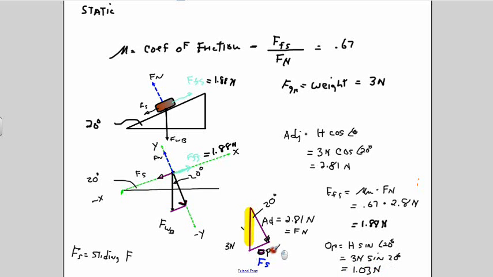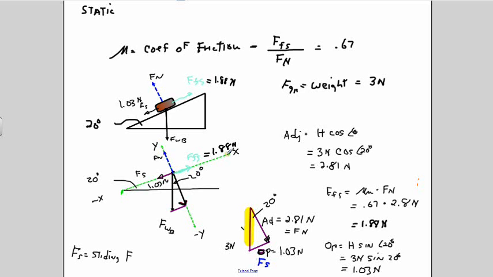That's the opposite side, which makes this 1.03 newtons trying to pull it back down, the same as this over here. And we got 1.88 pulling it up.